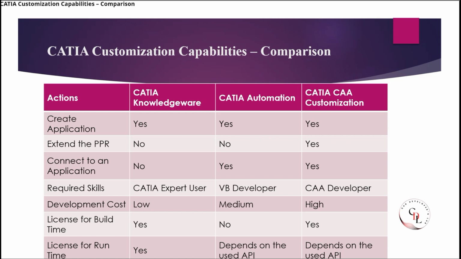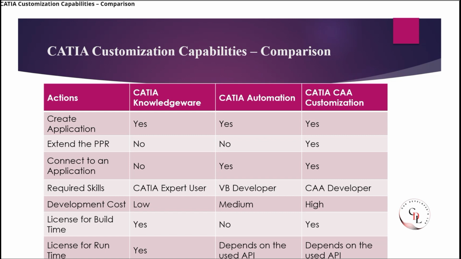What required skill do we need? In CATIA knowledgeware, a CATIA expert user. In CATIA automation, a VB developer; he should know VB.NET and the VBA language. In CATIA CAA, the developer should know C++, COM objects, and object-oriented programming. Development cost for knowledgeware is very low, for CATIA automation it's medium, and for CATIA CAA it's high.